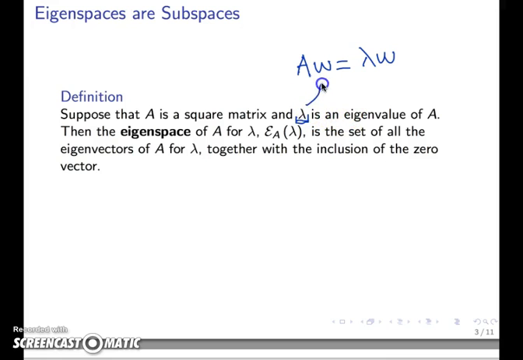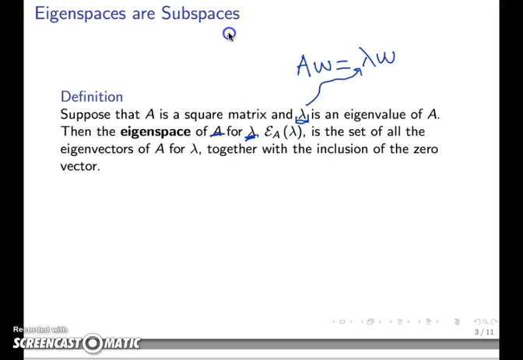So that's what we mean by suppose such lambda and such vector exists. Then the eigenspace of A for lambda. So we have to use this term eigenspace, we need to specify the matrix in question and the eigenvalue in question. So the eigenspace of A for lambda is denoted here.